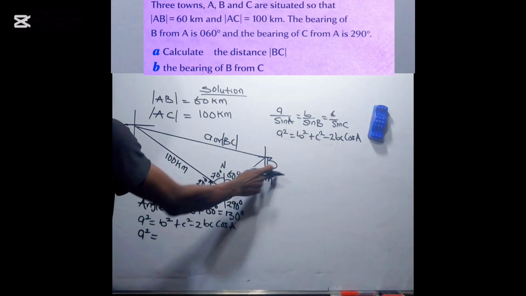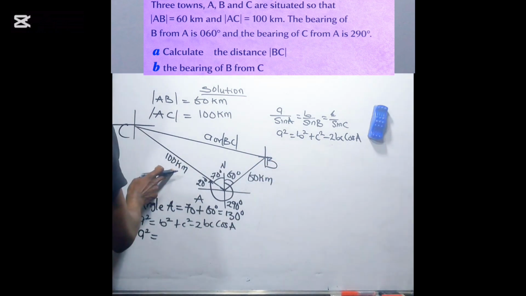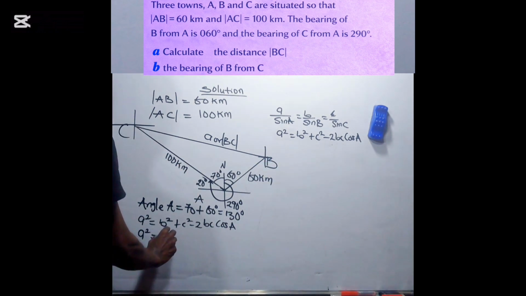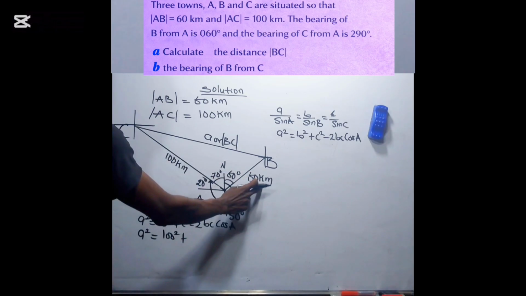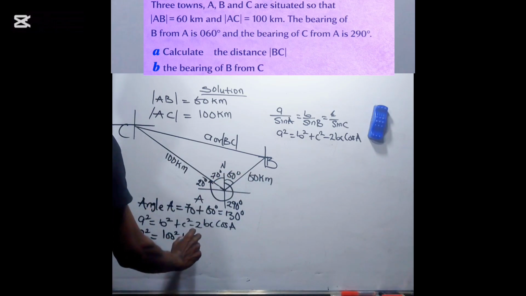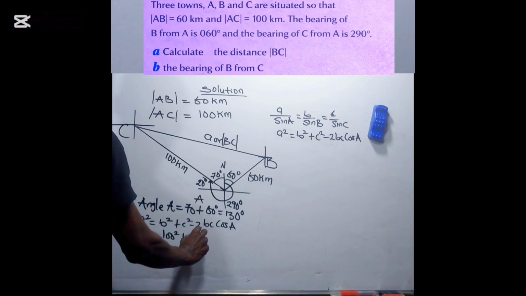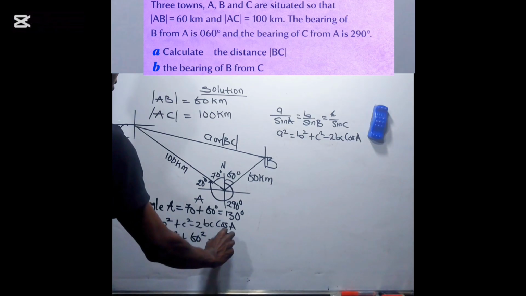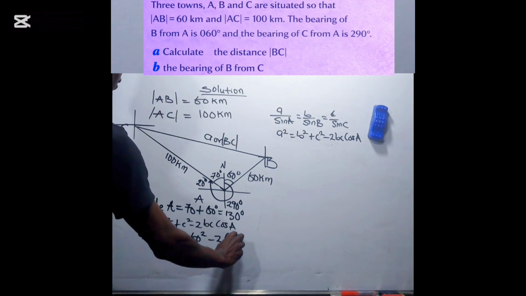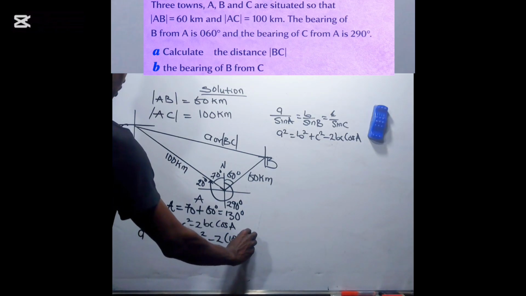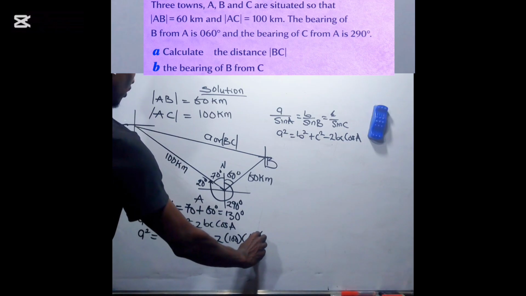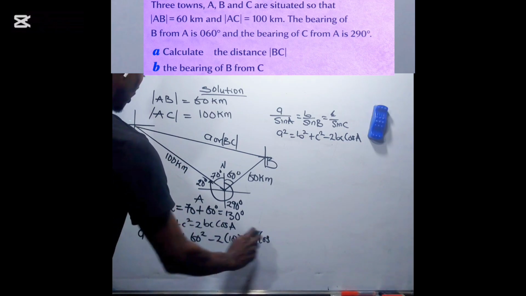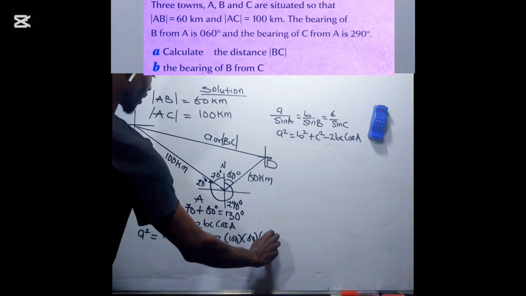What is b squared? Opposite big B is 100, that is b squared. 100 squared plus c squared, opposite big C is the side C, which is 60 squared, minus 2 times 100 times 60, then cos A, angle A, which is cos 130.